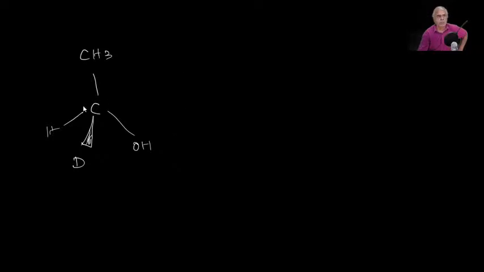Let us consider the same C, this is CH3, and this is hydrogen, this is OH, and this is above the plane of the board. That is deuterium. Now this is a deuterated asymmetric compound, and we have to prove whether it has the non-superimposable mirror image.